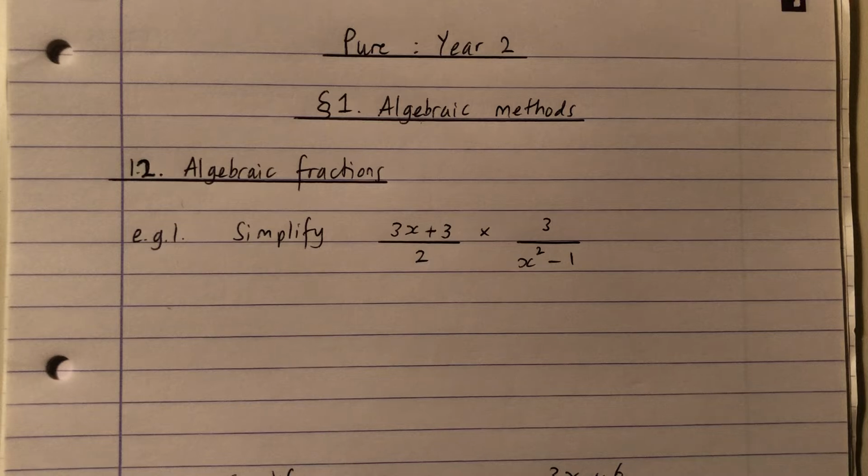So if there are any common factors between the numerator and denominator, you get rid of those first. But that's quite difficult to do with algebraic fractions. So the first thing you should always do is factorize everything. It's the only acceptable first step.